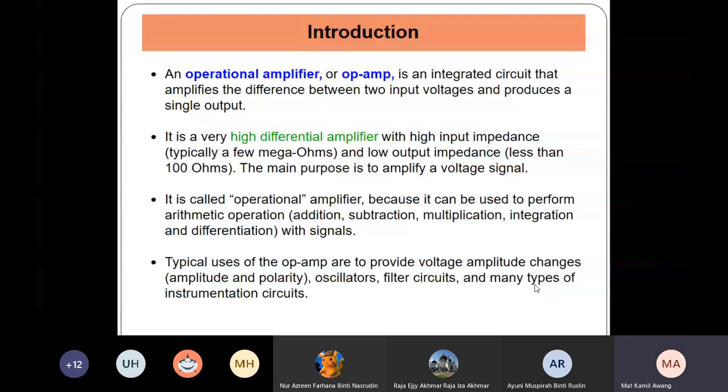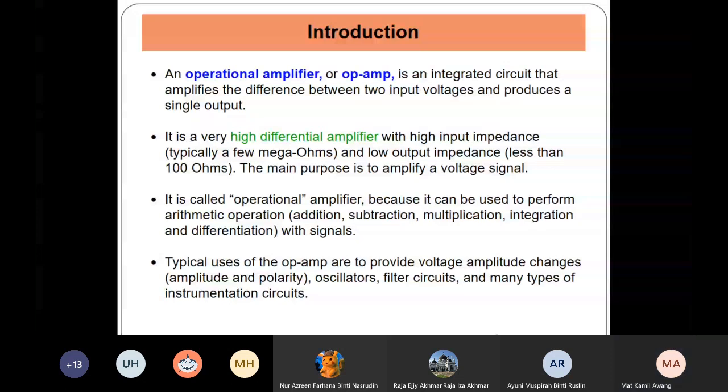It can do filtering circuits, which filter certain frequencies, certain signals out, and many other types of instrumentation circuits.